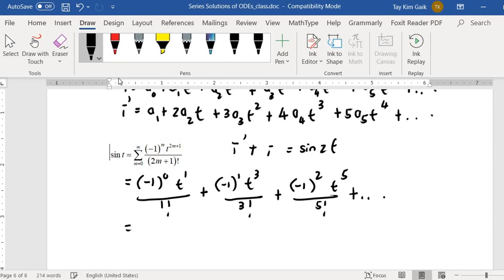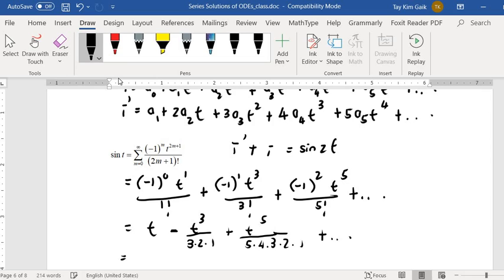So negative 1 power 0 is 1. 1 factorial is 1. So you have t. So negative 1 power 1 you got negative t cubed divided by 3 factorial. 3 factorial is 3 times 2 times 1. So negative 1 squared is positive, so you got t power 5, 5 factorial is 5 times 4 times 3 times 2 times 1.